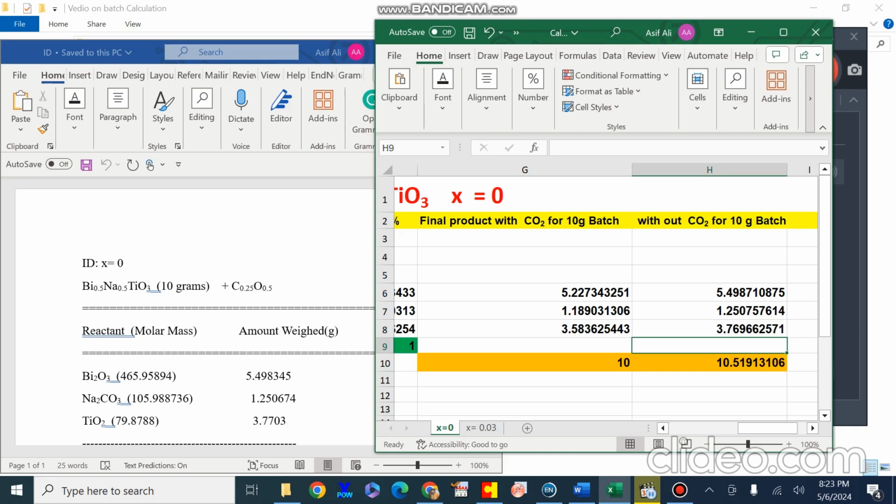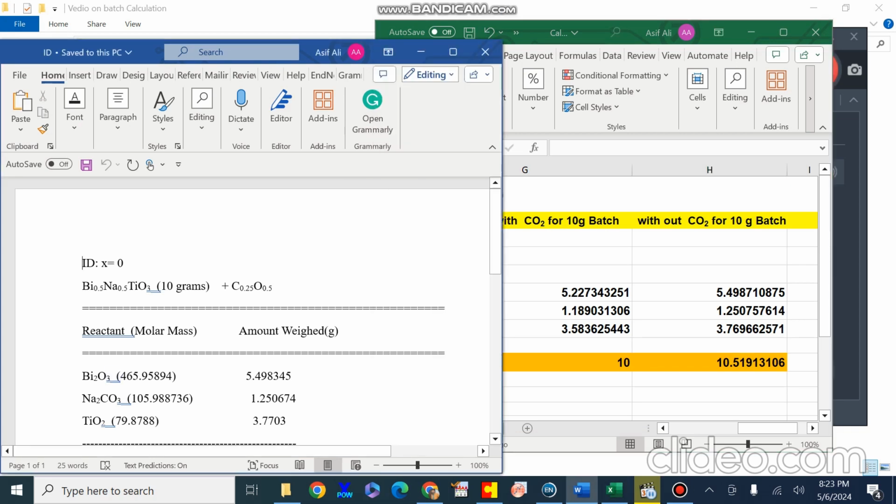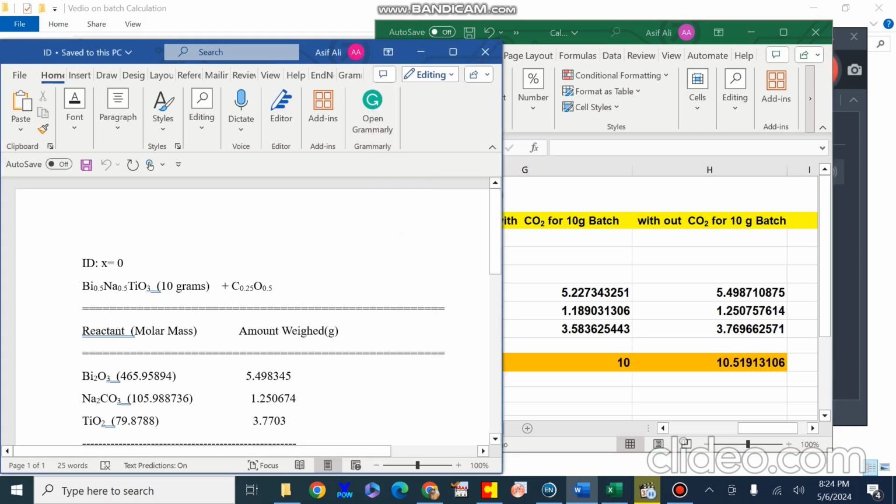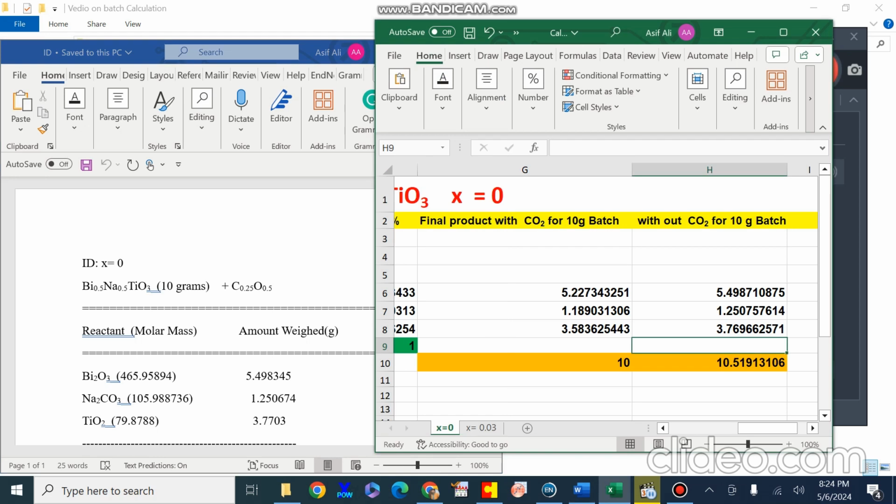Okay, so from here you can see that they measure that the bismuth oxide needed will be 5.498, and here we also measure that the bismuth oxide required is 5.4987. So it is the same as what we have already calculated, and here they tell us that the sodium carbonate required will be 1.2506 gram, and we also calculated 1.25.